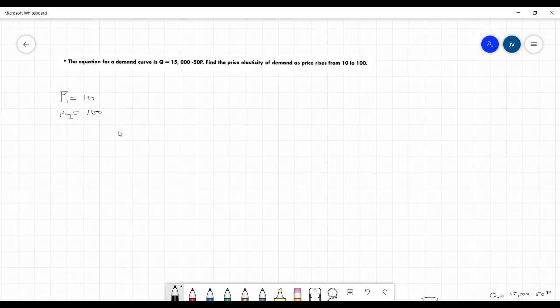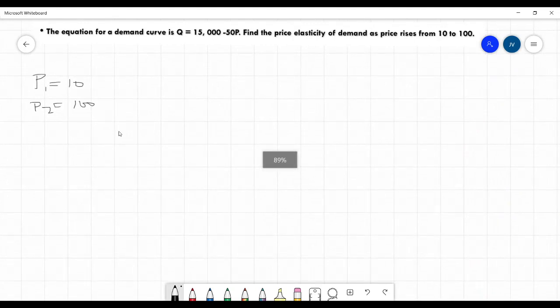And then we have our demand function equals 15,000 minus 50p. Now, how can we find our PED? If we use the base method, we can just use this one.